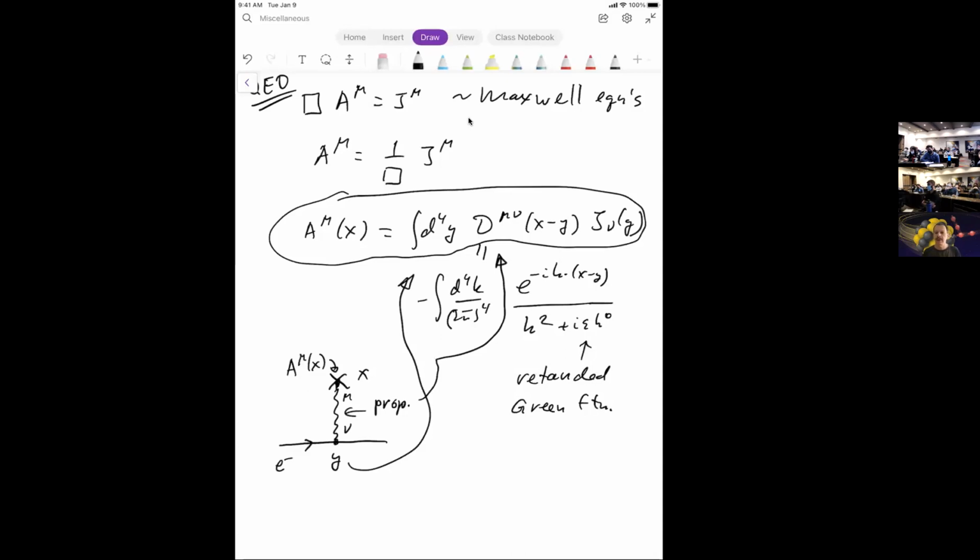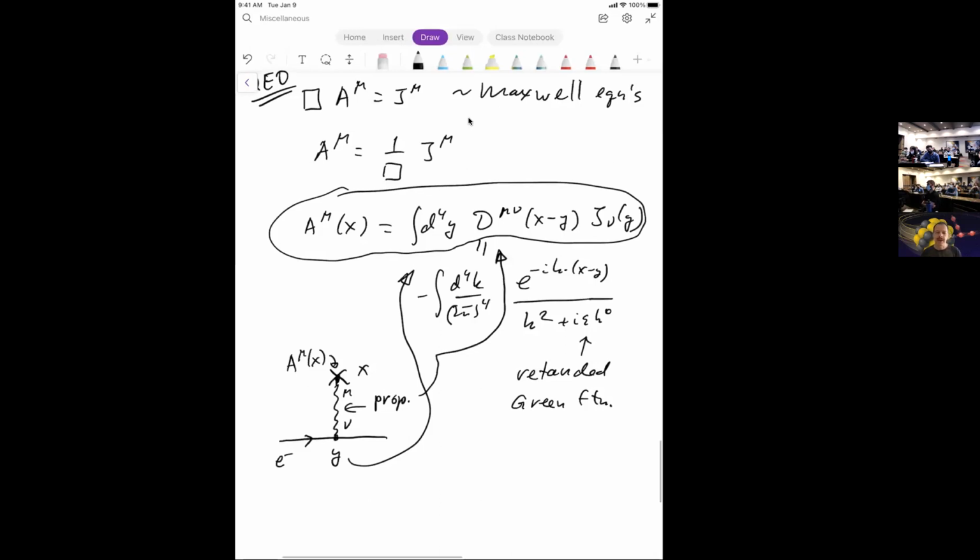In QED, in a linear theory, that's all there is to it. You have sources, and then you just hit a source with the Green function, and you get A mu. One can be a bit cavalier and say that I just explained pretty much all of Jackson. That's true at a very conceptual level, of course, not in all the many details.